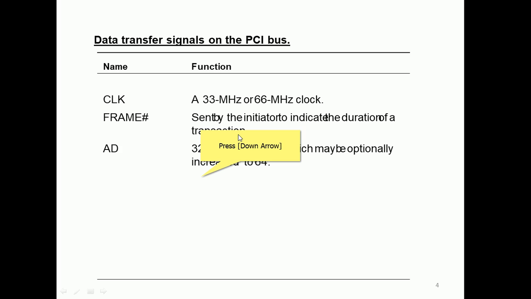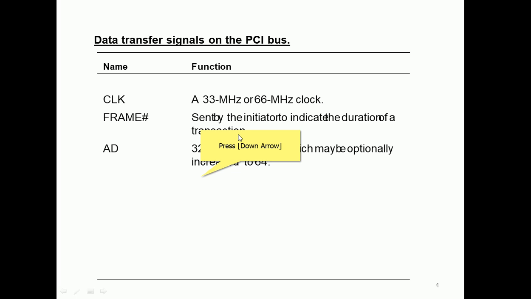Because this PCI bus is connected to several devices, right? For example, consider 8 devices connected to this bus. Again, this PCI bus is connected to the processor bus or the memory bus, right? So in that case, what will happen?